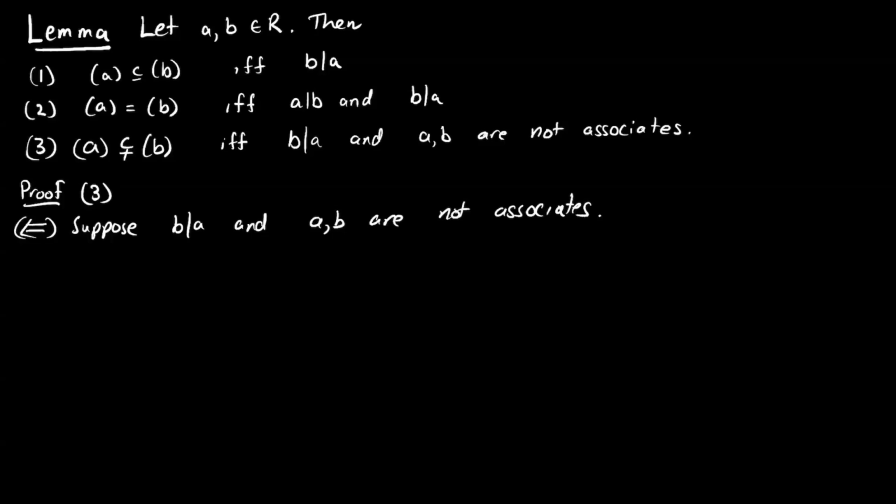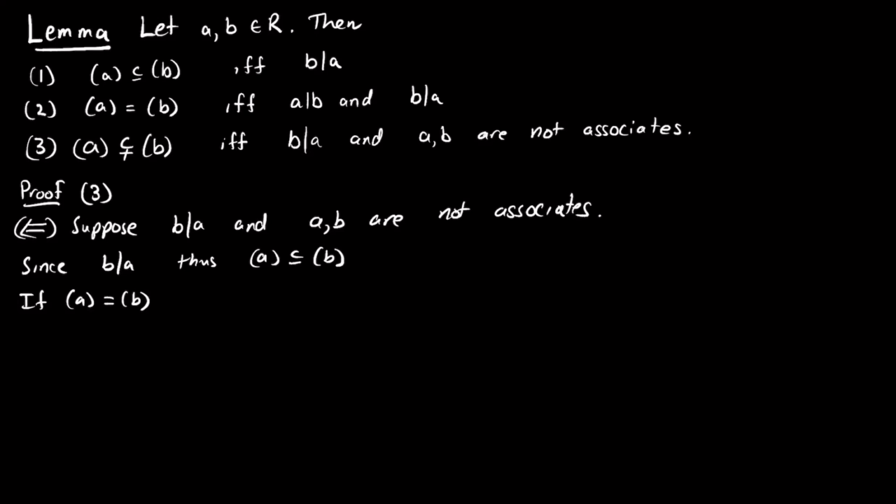Now I'll suppose that B divides A, and I'll assume that A and B are not associates. Since B divides A, we can immediately say that the ideal generated by A is a subset of the ideal generated by B. Now what we want to show is that it's impossible for them to be equal to one another.